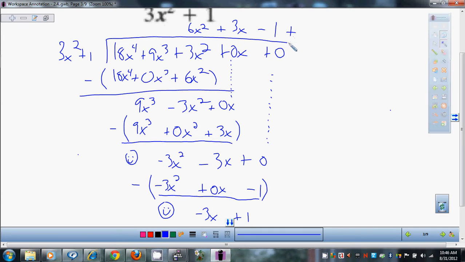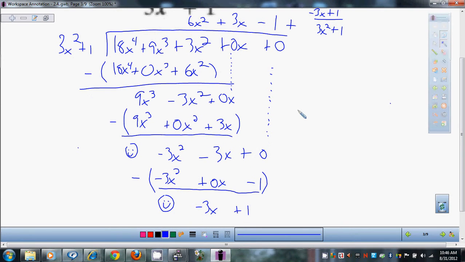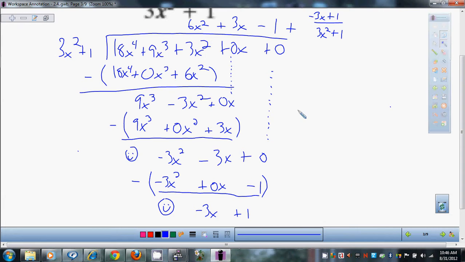Always use a plus sign, plus your remainder over your original divisor. Your remainder divided by your original dividing thingy.